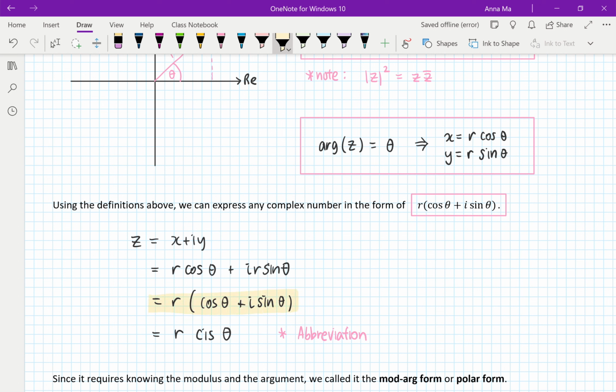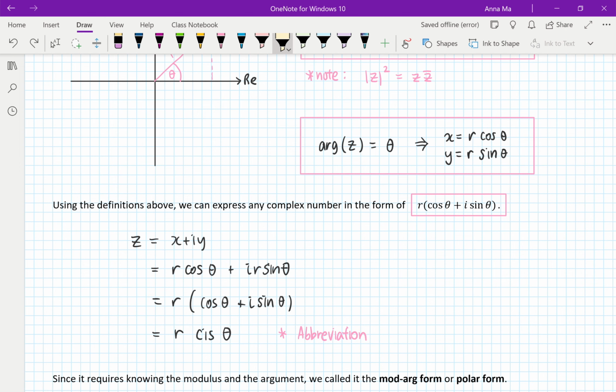But as an abbreviated form, we can write it as r cis theta as well. Cis because c for cos, and then is for i sine. It's literally like the initials. And notice how the theta is the same theta, so we can just combine it into one notation. You should know how to go back and forth.